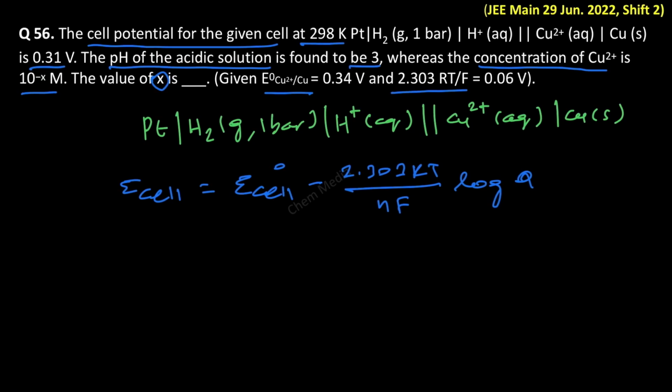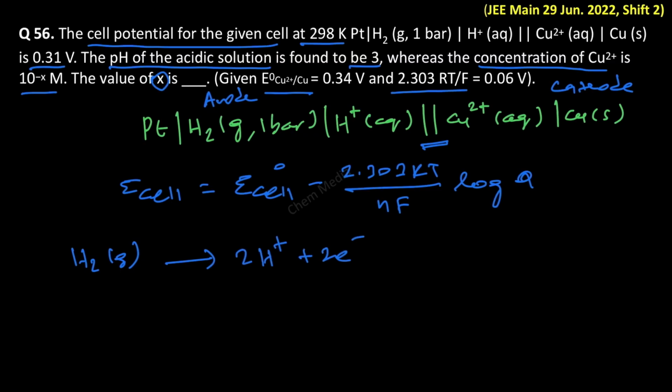Here, what is the anode and what is the cathode? We have a salt bridge here. So whatever is there on the left hand side of salt bridge, that is the anode, isn't it? And whatever is there on the right hand side of salt bridge, that is the cathode. At the anode, oxidation happens. So therefore, H2 gas giving 2H+ and releasing 2 electrons.